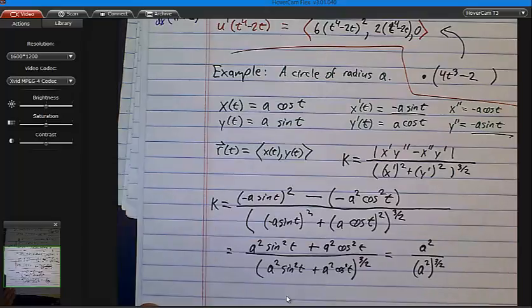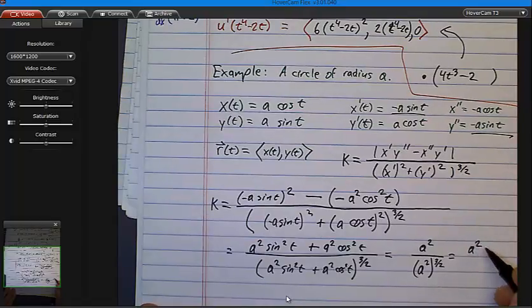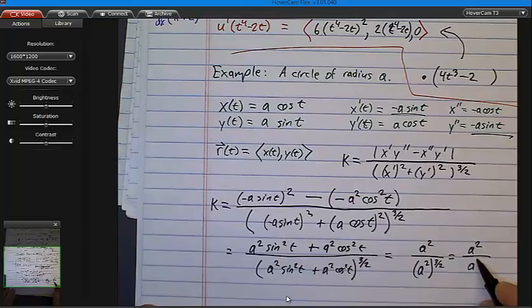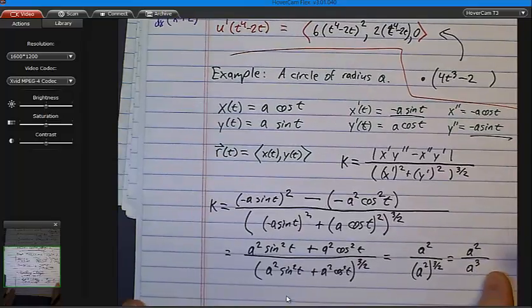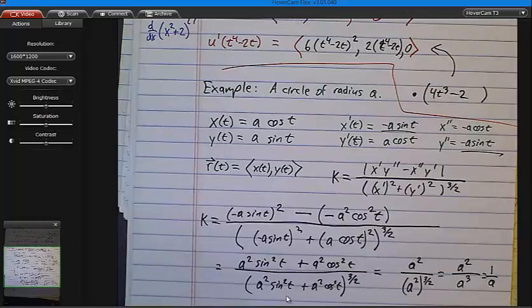Yeah, Matthew? Okay. So the next step would be a squared. What do I do with these exponents when you have a power of a power? Multiply them. So this is a cubed, right? And so what I just showed you guys is that the curvature is equal to 1 over a for a circle in the plane. All right?